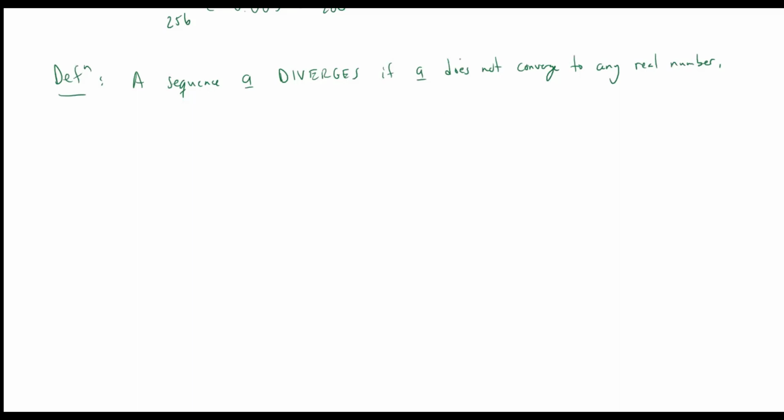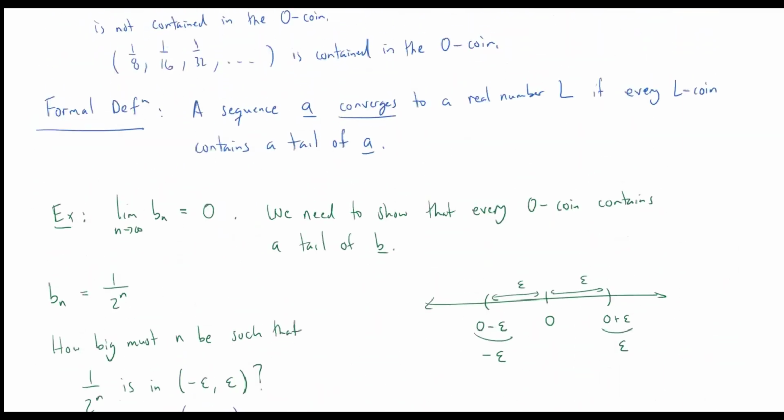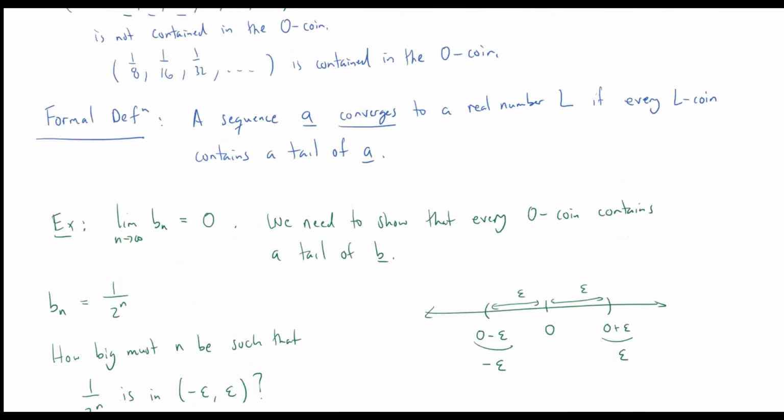So Brian is asking, right, about how do you then use this to show that something diverges? Okay, so let's go back to this definition. A sequence converges to a real number L if every L coin contains a tail. So for this not to happen, that means that there must exist an L coin that does not contain a tail.